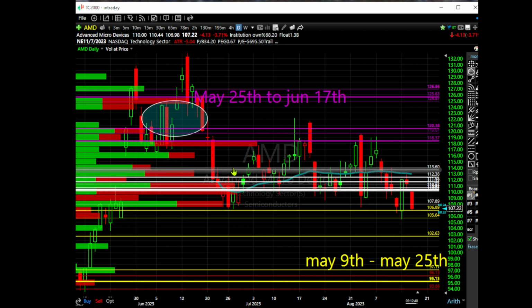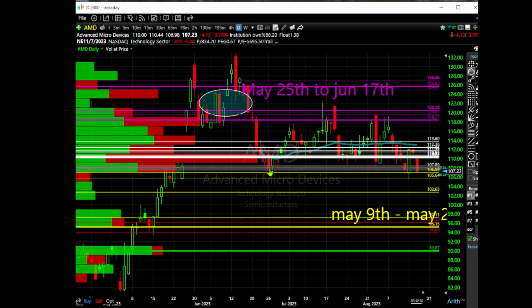How many months is this? June, July, this is 2.5 months of consolidation here, right? So you guys tell me what path is the easiest path, up or down, by looking at this chart.